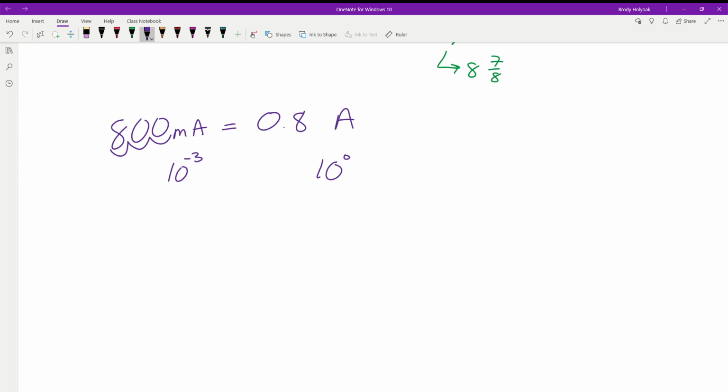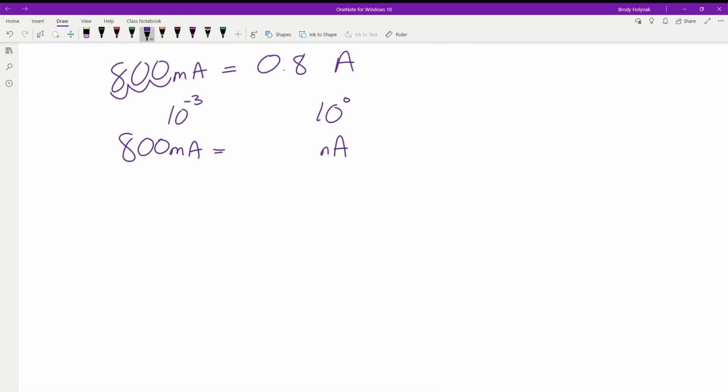Okay, let's say I have the same value, 800 milliamps. I want to know how many nanoamps that is. So milli again is what? What power of 10 is it? Negative 3.